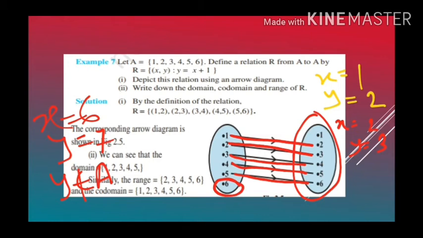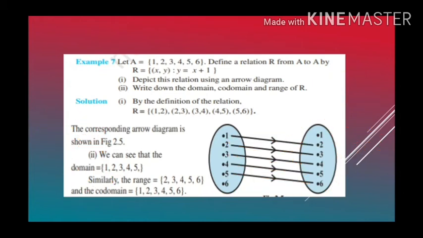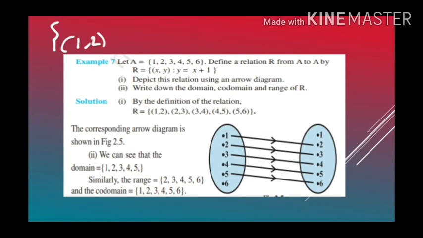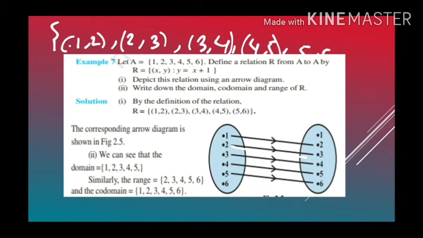So the ordered pair will be the collection of (1, 2) because 1 goes to 2, then (2, 3) because 2 goes to 3, then (3, 4), (4, 5), and (5, 6).